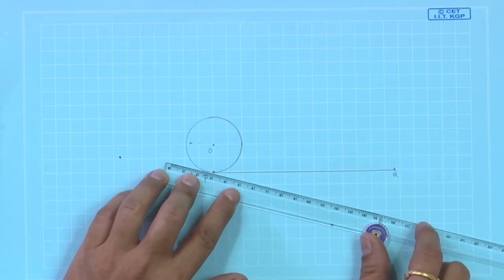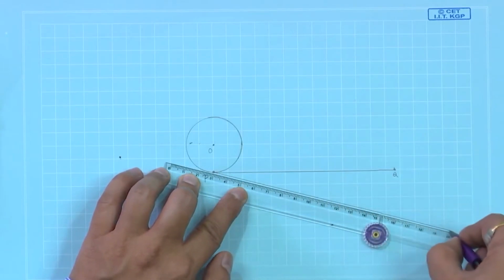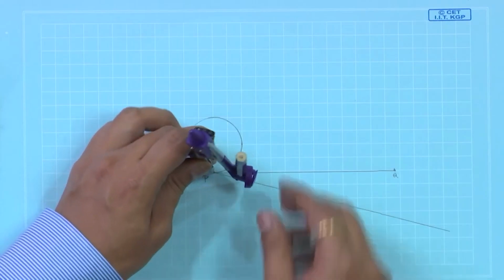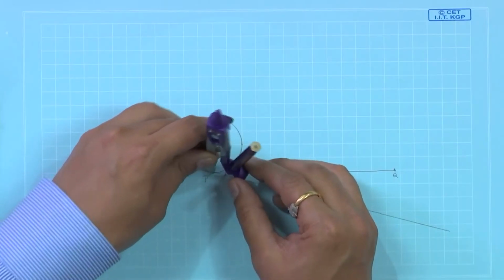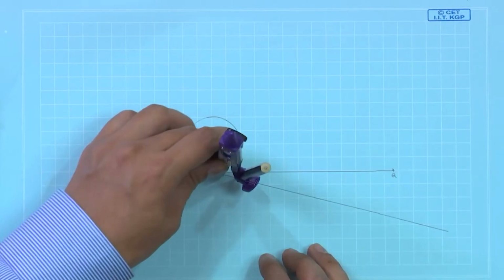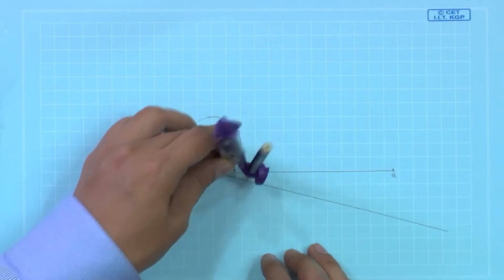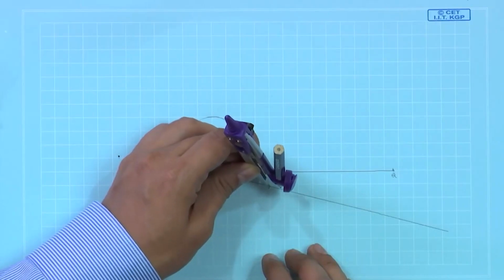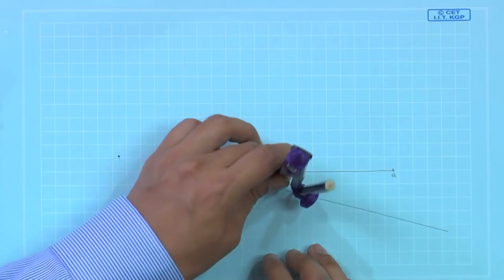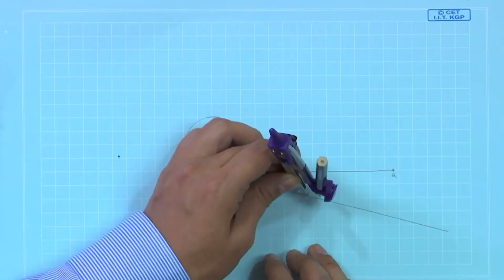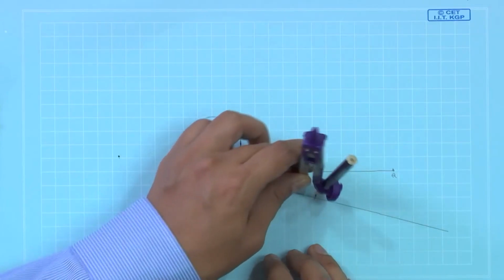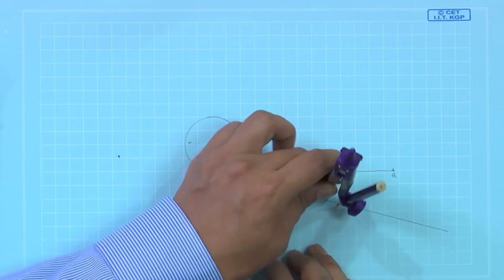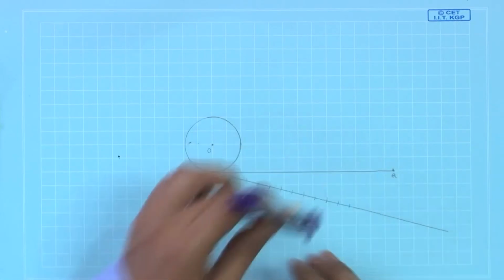To construct 12 equal parts, make an inclined line and use our compass to make 12 sections: 1, 2, 3, 4, 5, 6, 7, 8, 9, 10, 11 and 12.